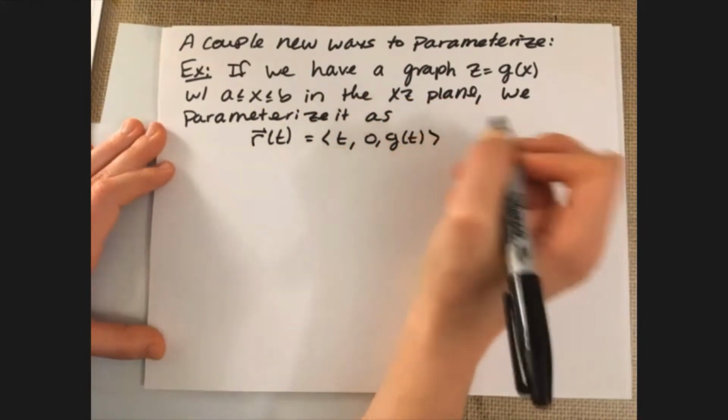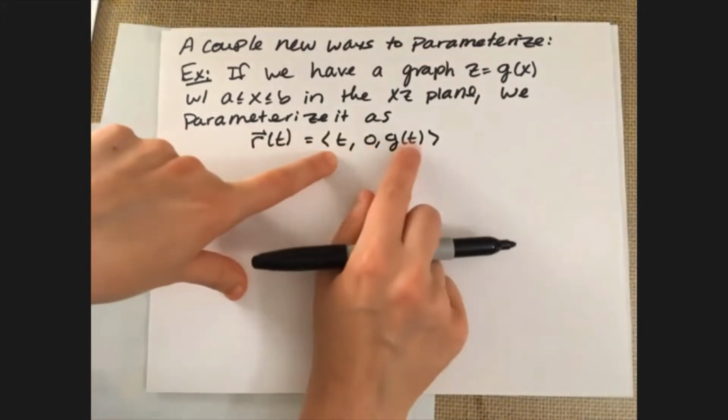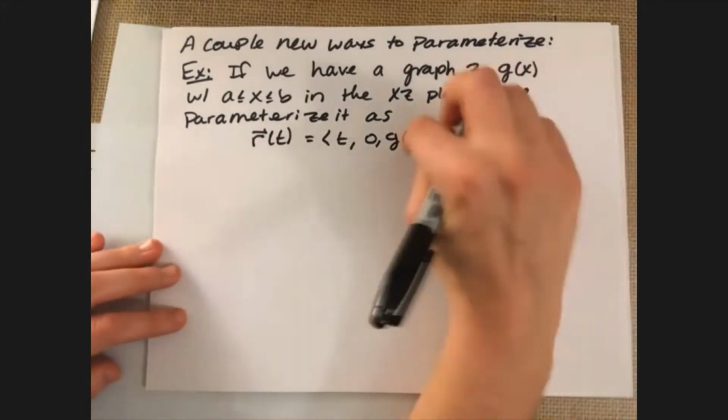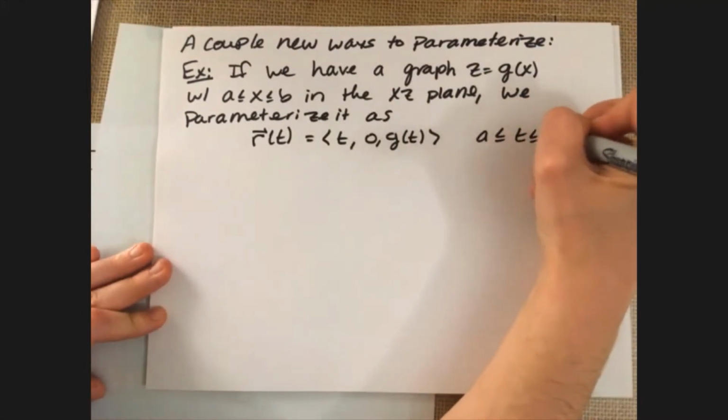This is the same idea as when we have a function in a line integral, but instead of working with the y component, we're now working with the z component. And again, t is bound by the same things that x is.